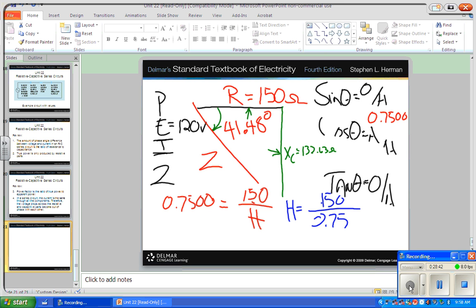Okay. So all we need to do is put in 150 divided by second function answer, the last thing we found, hit enter, and it's going to tell us the hypotenuse. 200.22. That is our total impedance.